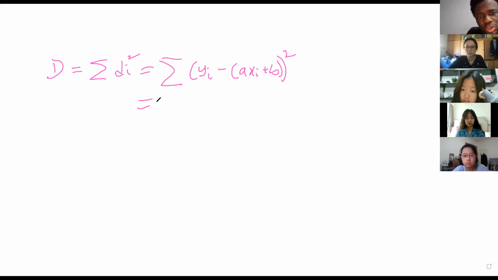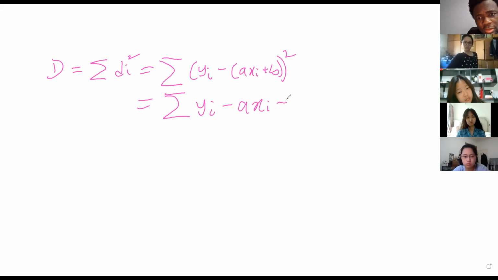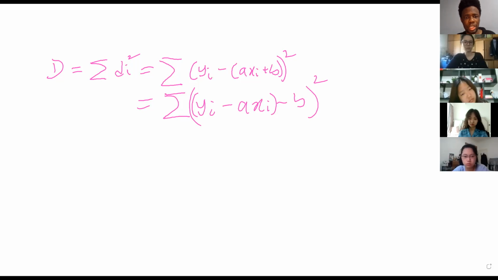Okay, which you can rearrange here. If you open this bracket, it becomes yi minus axi minus b, isn't it? So that will be yi minus axi then minus b. So all this could be a group, something like that. Okay, and that is what happens here so far.